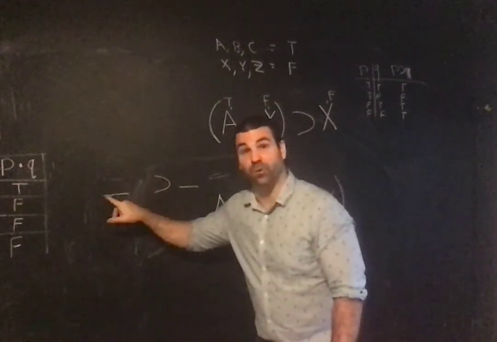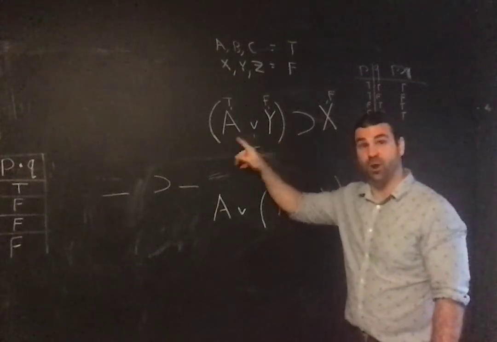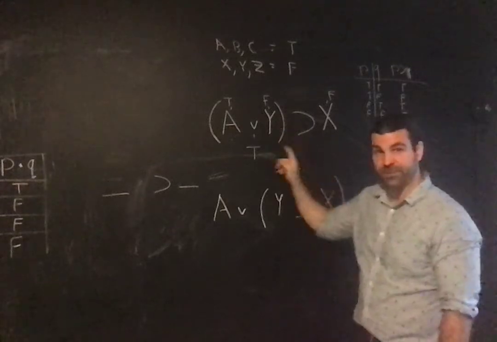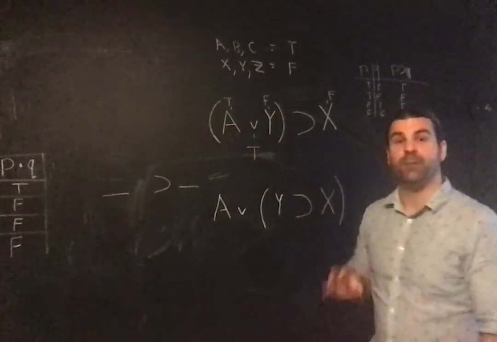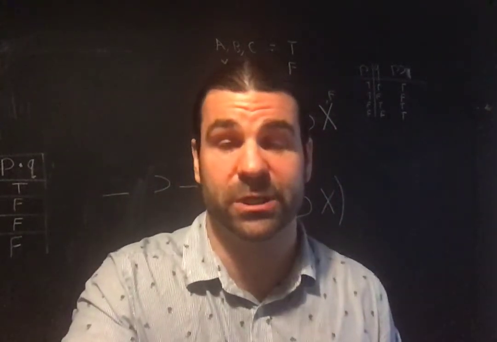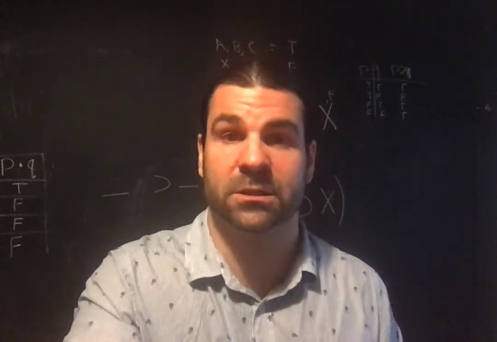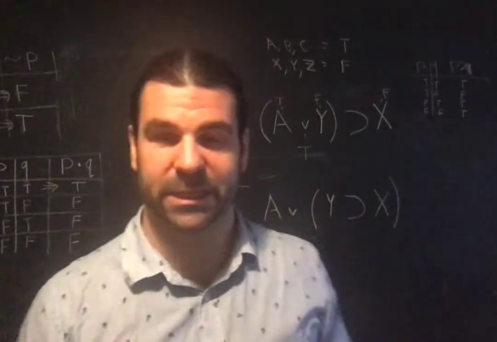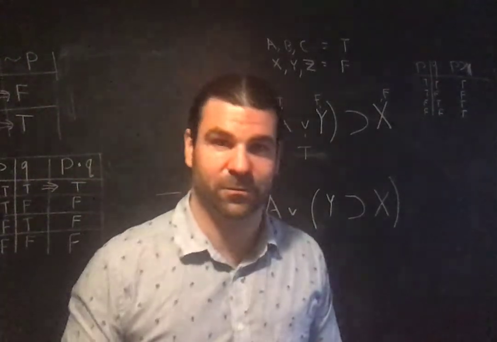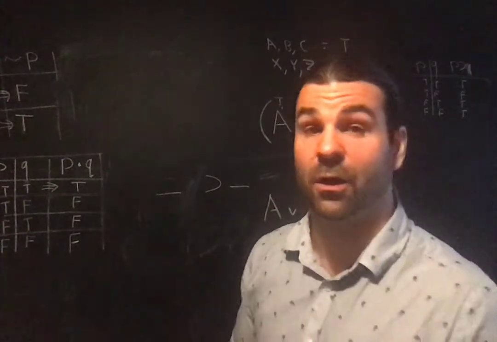But now you've got to realize that the formula on the left, or the P from the table, is this compound formula, A or Y. That itself is the P. P and Q are sentential variables that take as substitution instances any sentence, simple or complex, no matter how complex. A lot of what you're doing in logic is learning to see the simple forms in complex formulas. This will be especially true for the second part of the course, units 7 to 9, on proofs.